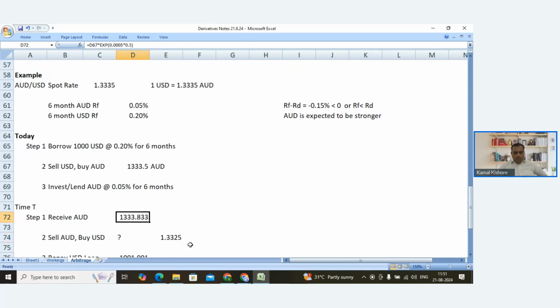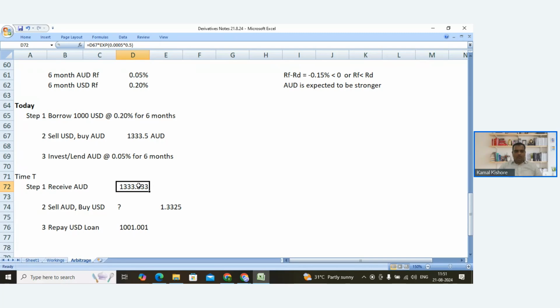So you will receive AUD. Use the exponential. So what you will do is use e, raising it to the power of RT. How do you do continuous compounding?